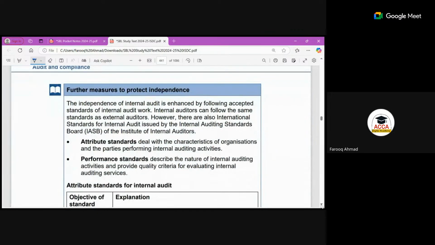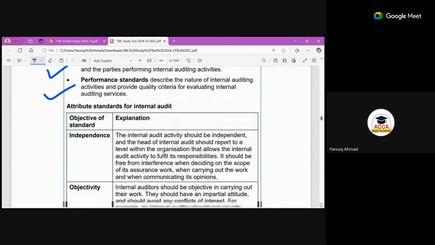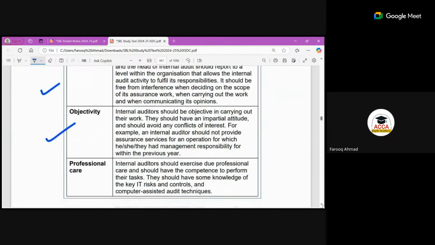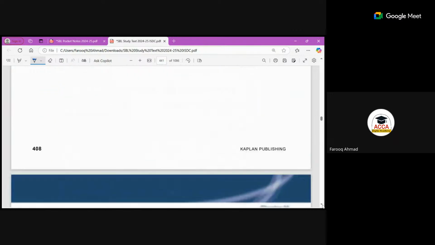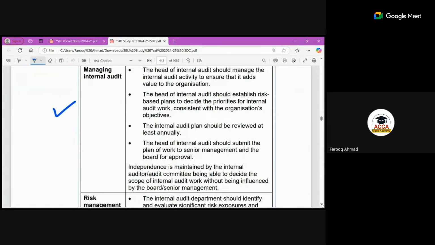But how can independence be protected? Attribute standards, performance standards. Independence, objectivity, professional due care. Performance standard for internal auditor. These are the same areas which we keep repeating.